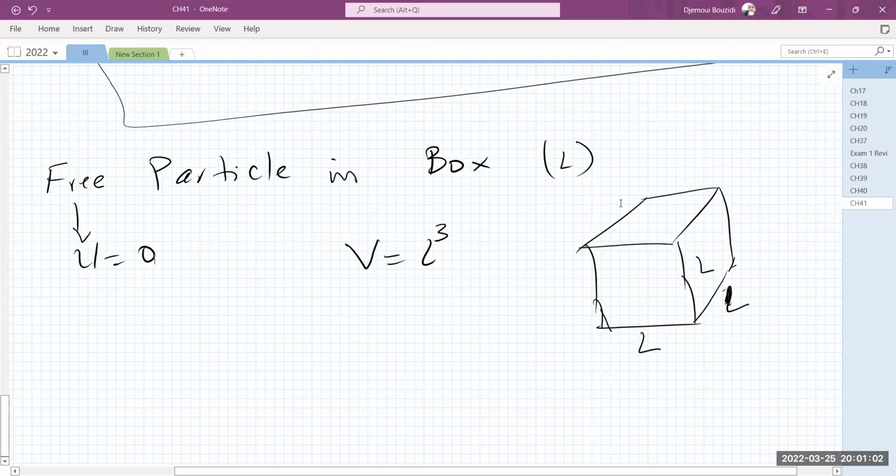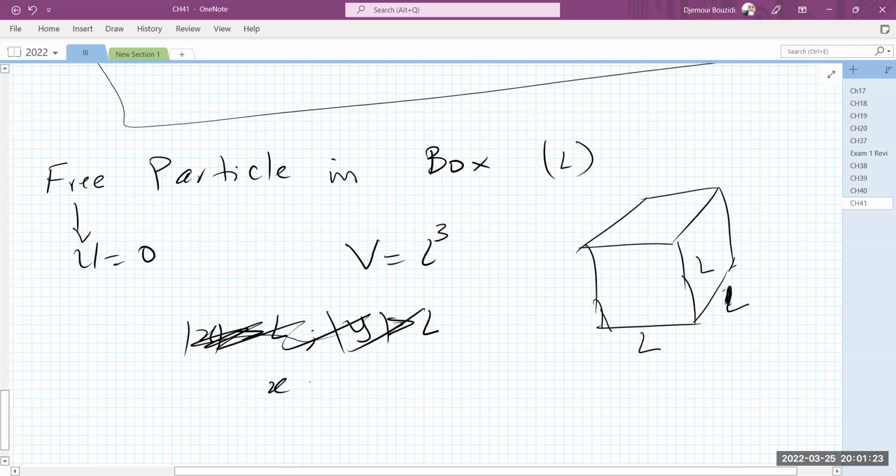We expect outside, when x is greater than, in absolute value, I'm going to take it, greater than L, or y is greater than L. Sorry, I took it from 0 to L. So x is greater than L or x less than 0.